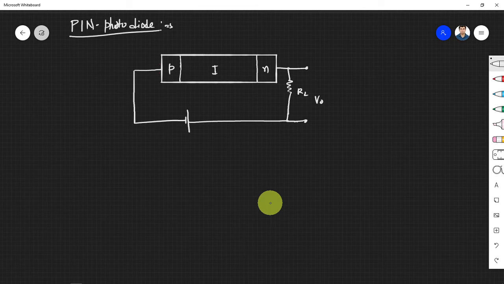Now what's special about it? The whole I region, or the intrinsic semiconductor, will behave as if it is a depletion region. So whatever photons fall into this I region will generate EH pairs, right? And they are under an electric field, right?